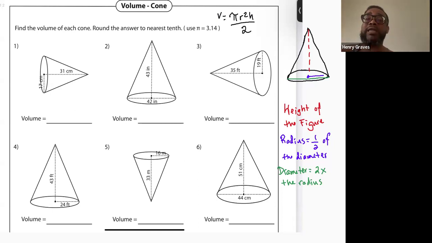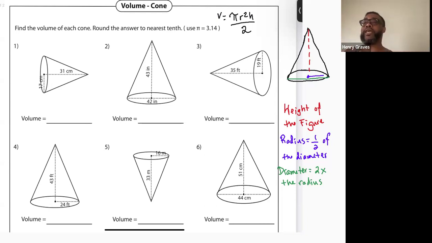Yeah, oh, it's not divided by 2, it's divided by 3. That's my fault there. I knew I was wrong. Yeah, it's divided by 3. Always divided by 3. There we go.